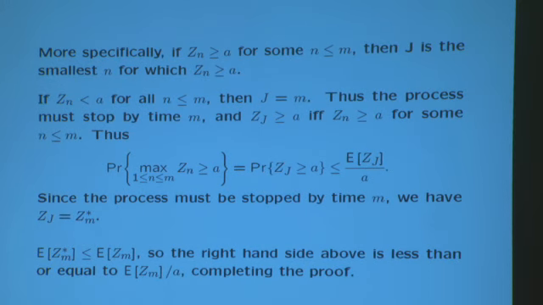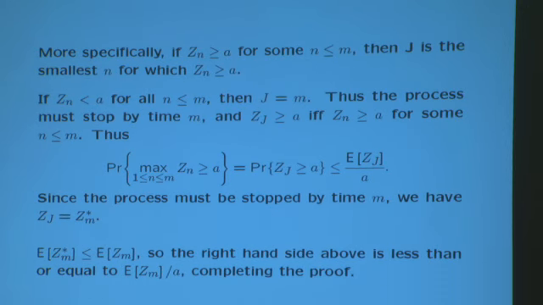If you haven't crossed the threshold by time m, then Z sub J is equal to Z sub m, but it's not above a. So the stopping time is this largest possible value that we've gotten to. The process stops by time m, and Z sub J is greater than or equal to a if and only if we've crossed the threshold for some n less than or equal to m.